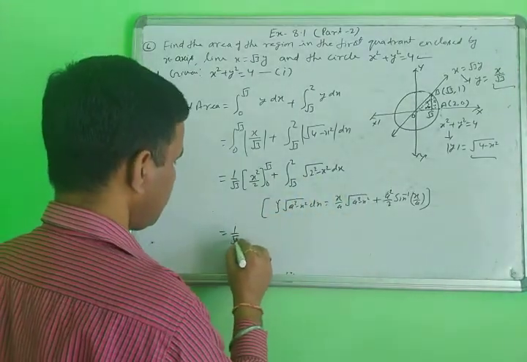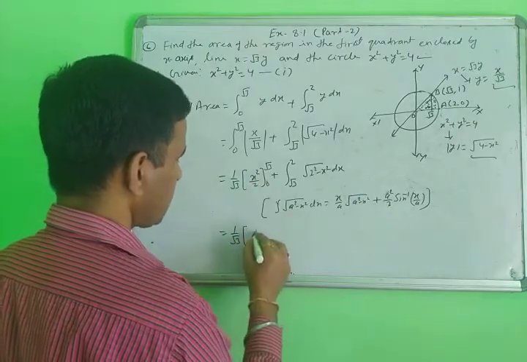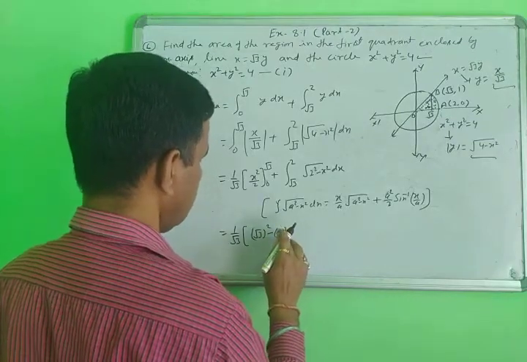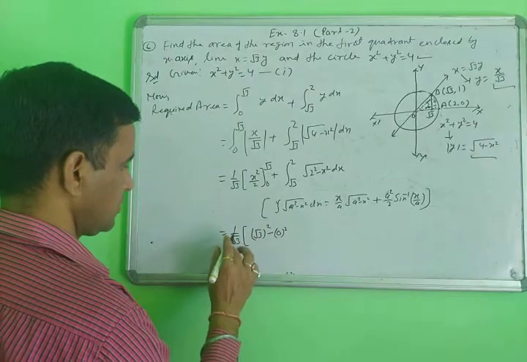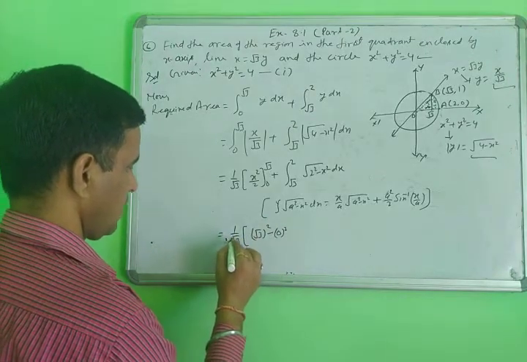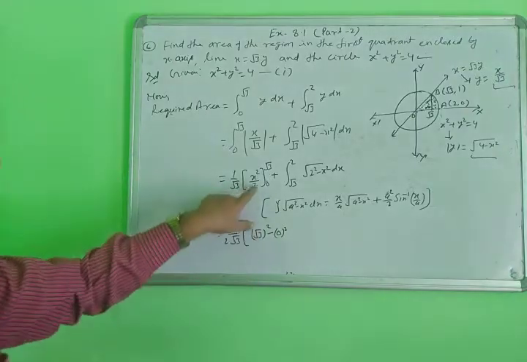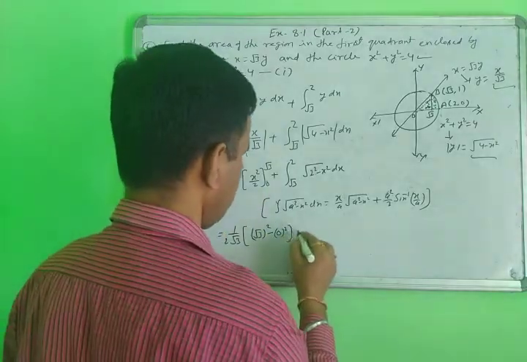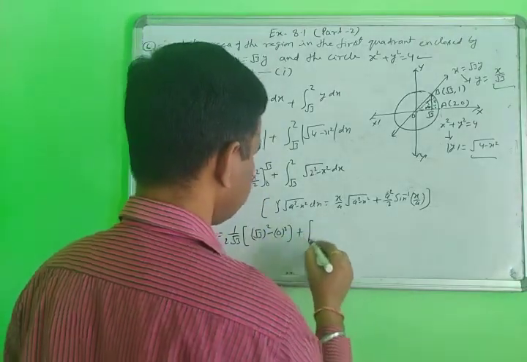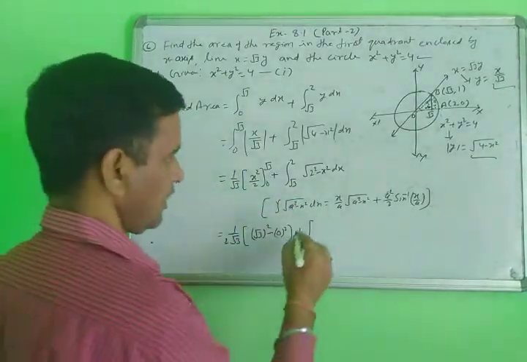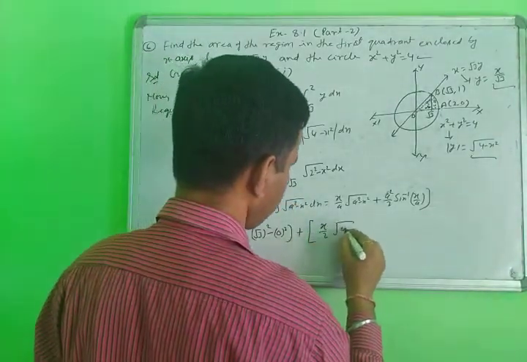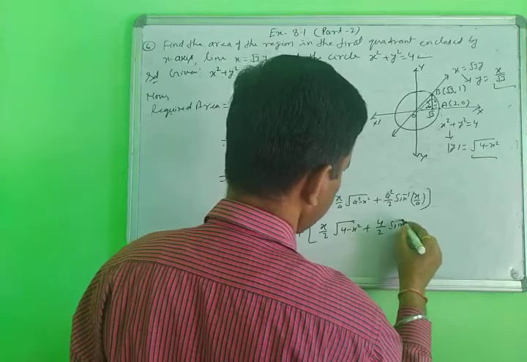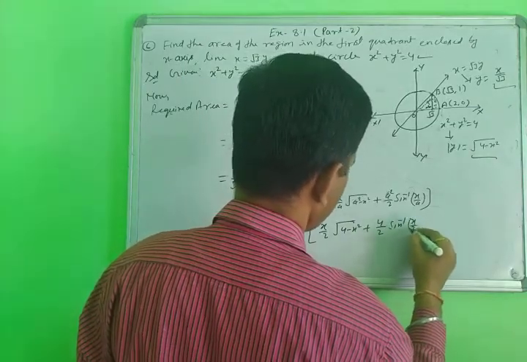1 upon root 3 stays the same. What value here? Root 3 square minus 0 square. Root 3 upon 2, the 2 taking outside here. Then we get, for the integration of this portion, x upon a means x upon 2, root 4 minus x square, plus 4 upon 2 sin inverse x upon 2.